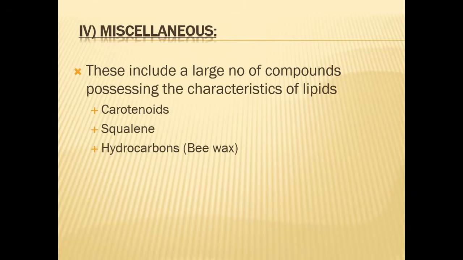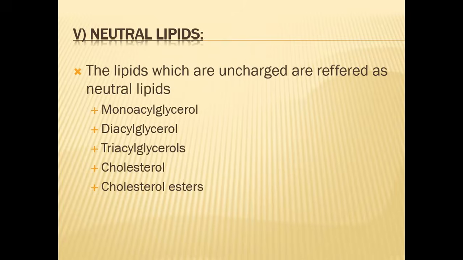These are just like lipids, but they are not true lipids. Then we have neutral lipids, which are uncharged and referred to as neutral: mono, di, triacylglycerols, cholesterol and cholesterol esters. They don't have charge, they are uncharged.